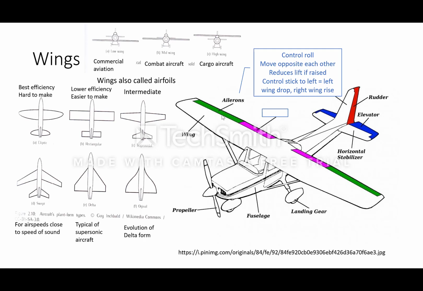So if your right wing drops, now your plane is going to roll to the right. Okay, it is really important that you know how to walk through what happens to the control stick and then how that corresponds to the ailerons, elevators, or rudder.